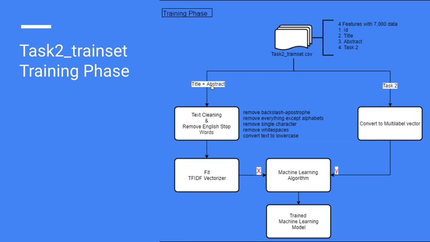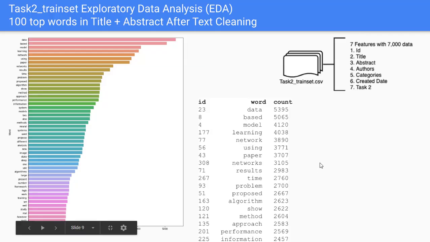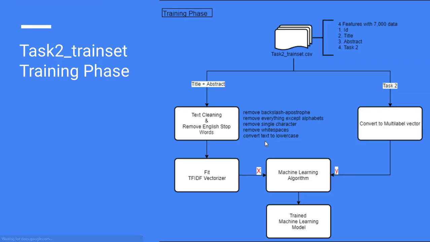And then from this text, I do the text cleaning and remove the English stop words, and then I feed it to the TF-IDF vectorizer and input it to my machine learning algorithm. On the right side, because this is a multi-label classification, I need to convert the task 2 text into a multi-label vector before inputting it as a target or as a label in the machine learning algorithm.